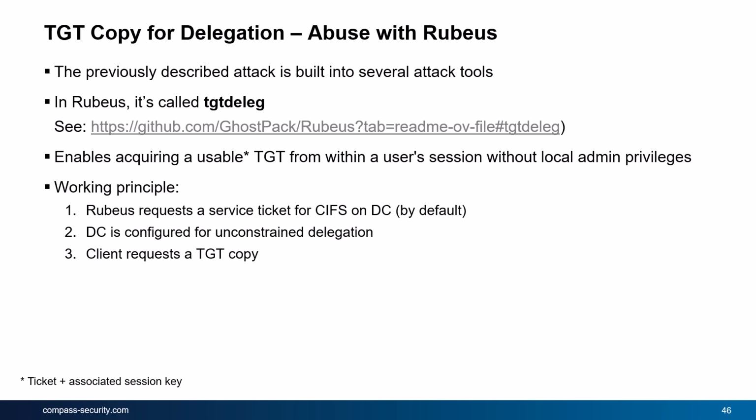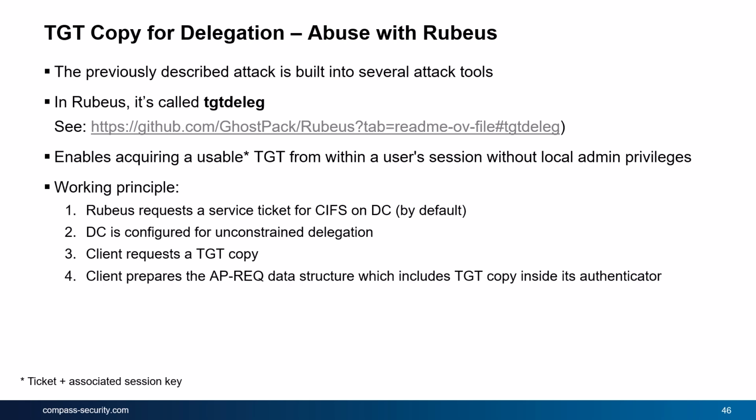Subsequently, the client will request a copy of the TGT, and then to finally access the actual service, the client will prepare the AP-REQ data structure in its memory, and inside the AP-REQ, as we've learned before, within the authenticator, we have the TGT copy as well as the session key.